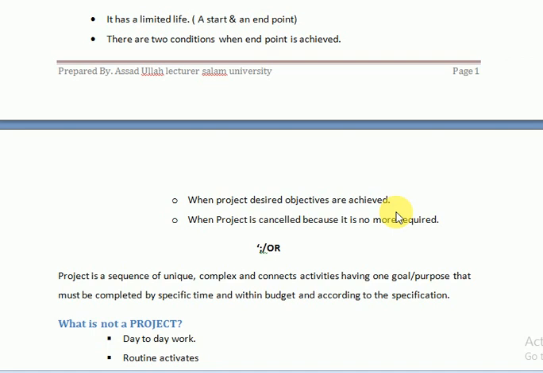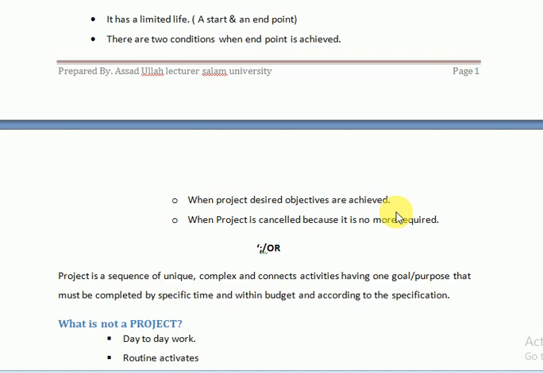So the similarity between projects and operations is that both are performed by people, human resources. Both are constrained by limited resources, and scarce resources are assigned.